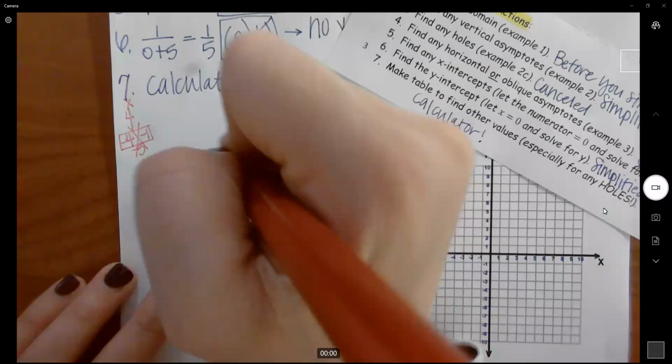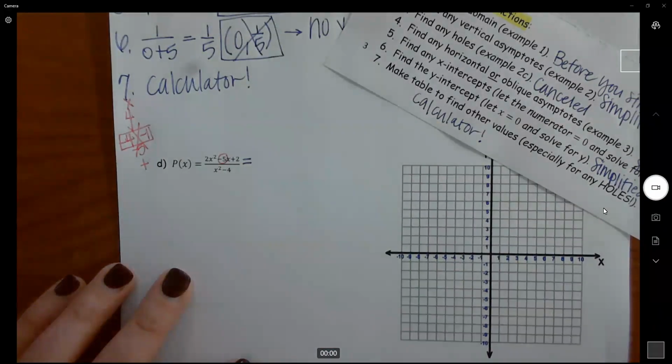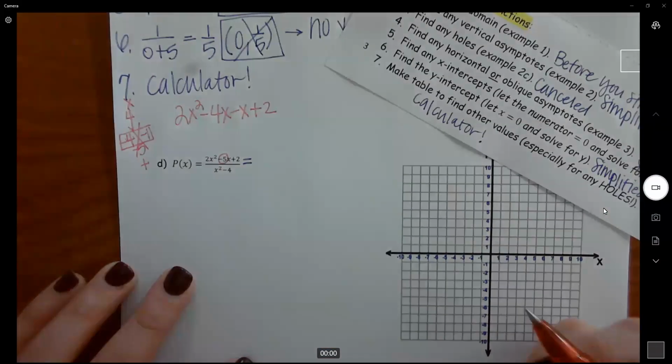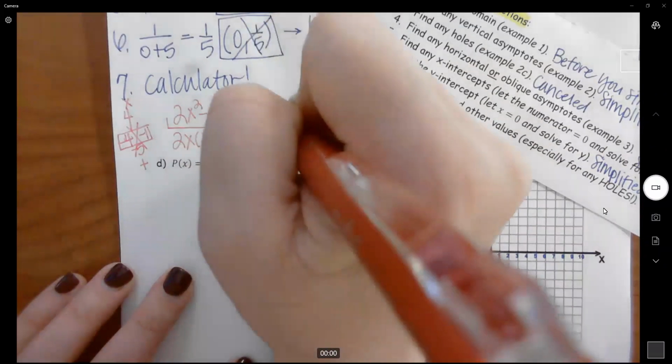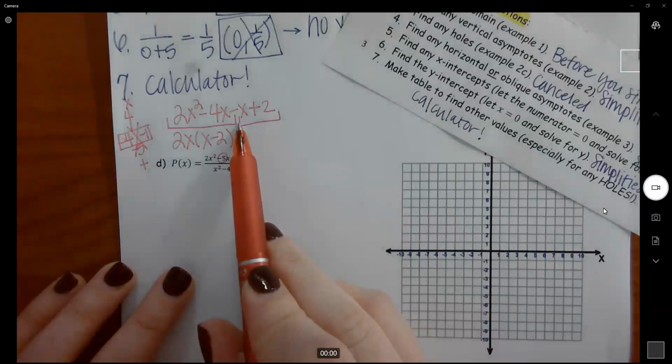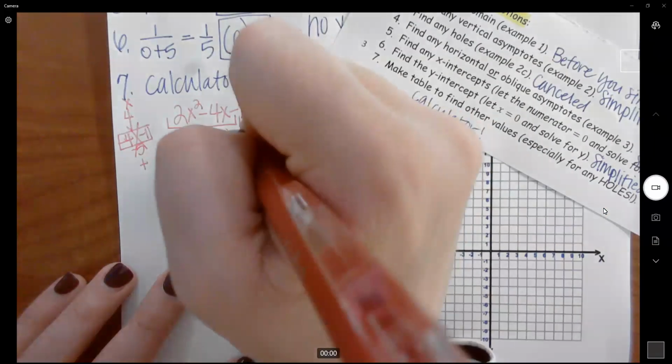Because this is hard, we need to rewrite that middle term. So this will become 2x squared minus 4x minus x plus 2. Then we'll factor by grouping. In this group, we get 2x, which leaves me with x minus 2. In this group, we want this to be positive. So to be positive, we're going to take out a negative.